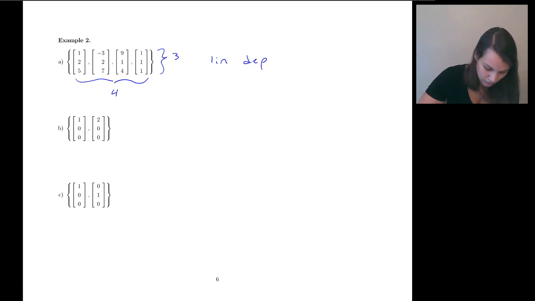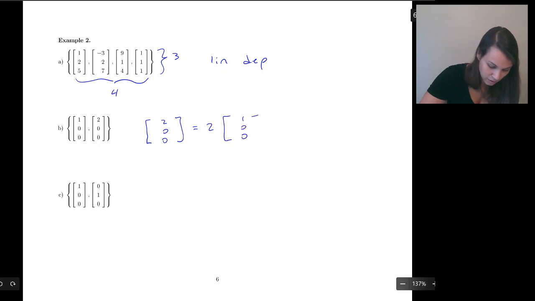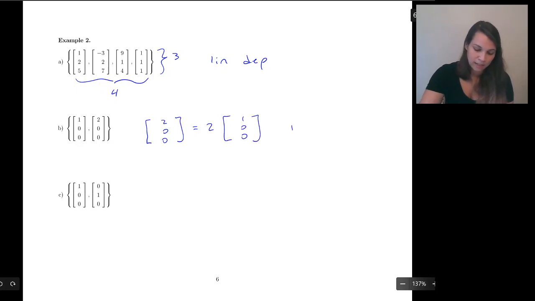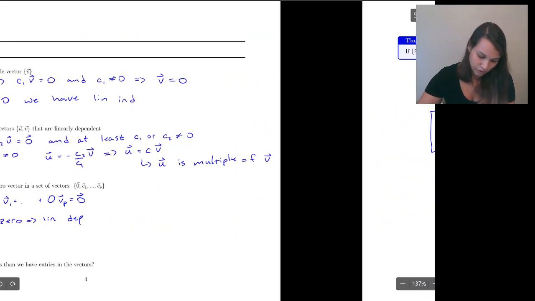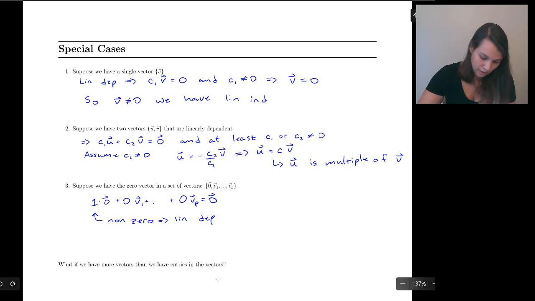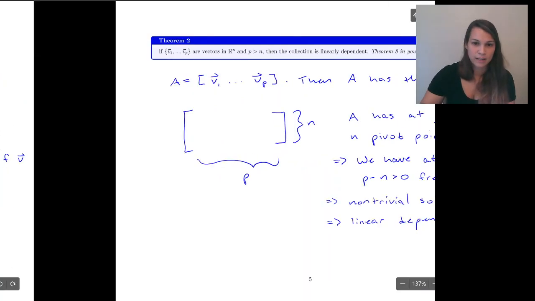For B, we can say that 2, 0, 0 is equal to 2 times 1, 0, 0. And so we can say this guy is linearly dependent. That was that special case right there.